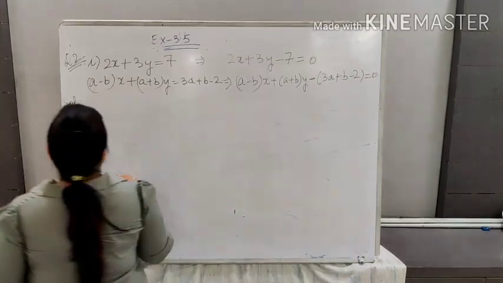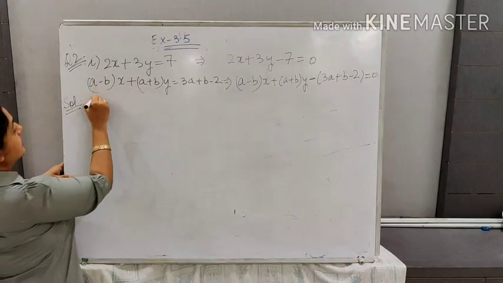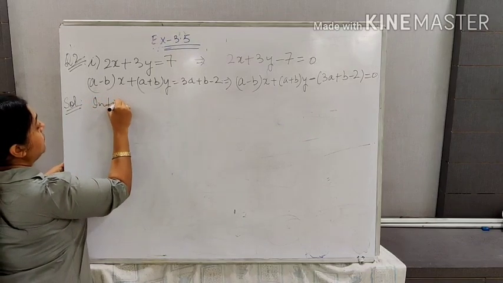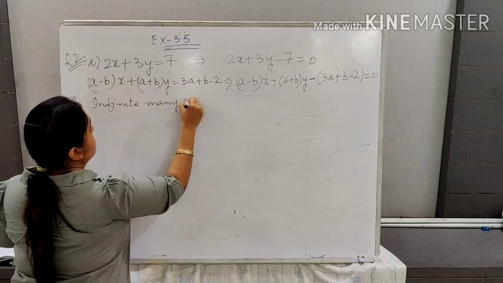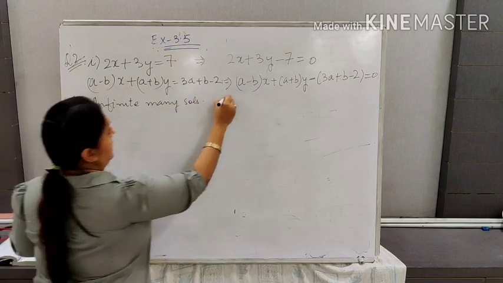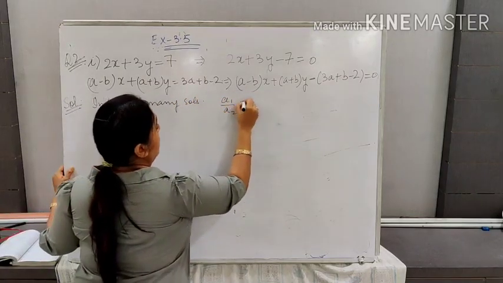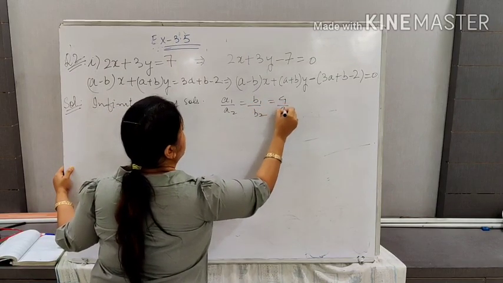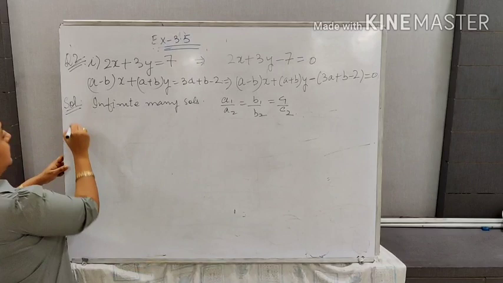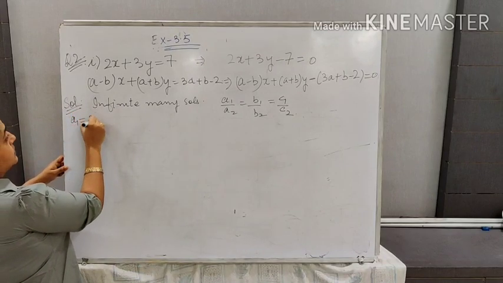Now, the given condition is infinitely many solutions. So what is this condition? A1 upon A2 is equal to B1 upon B2 is equal to C1 upon C2. Now what is A1 here? It is 2.